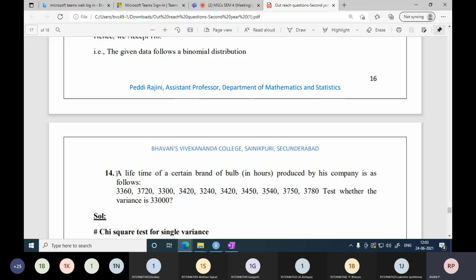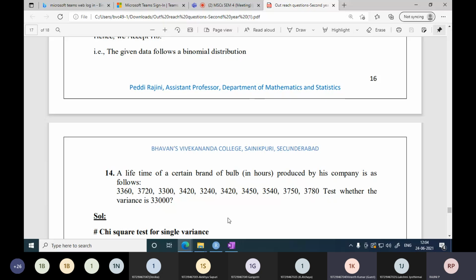This data belongs to what? Chi-square test for single variance. How can you understand this is a chi-square test for single variance? Because the sample size is small and it is mentioned that it is variance.